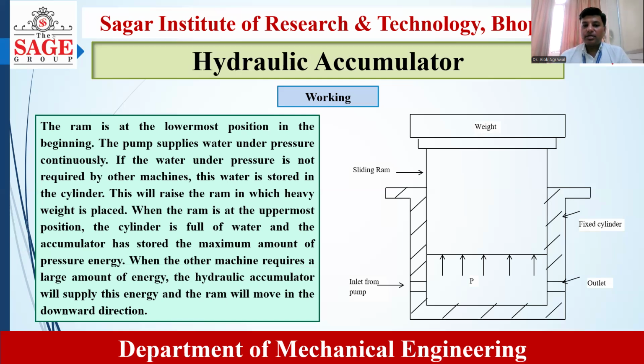Again, when some other device requires a large amount of energy, this hydraulic accumulator provides this energy by supplying water under very high pressure, because this ram is giving high pressure to this water. Once the water is supplied, the ram comes down and again reaches the bottommost position, where the cycle repeats again. So this is the working of the hydraulic accumulator.